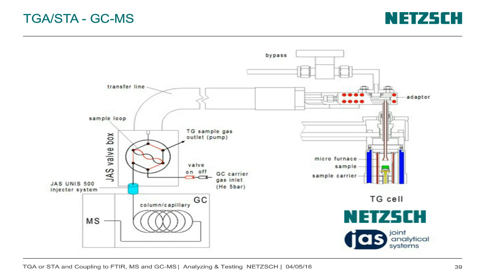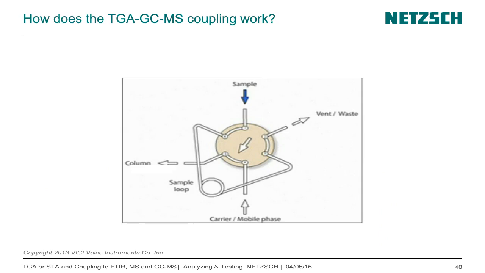We use a valve system, and hopefully this video is running. Yes, you see with the valve system the blue part is filling the valve. This is coming from our TGA or STA and filling the content of the loop.